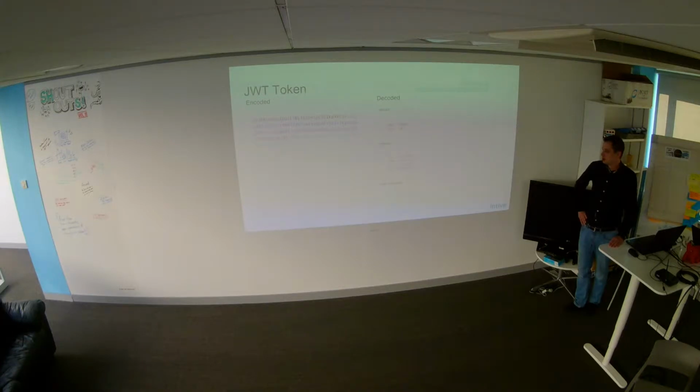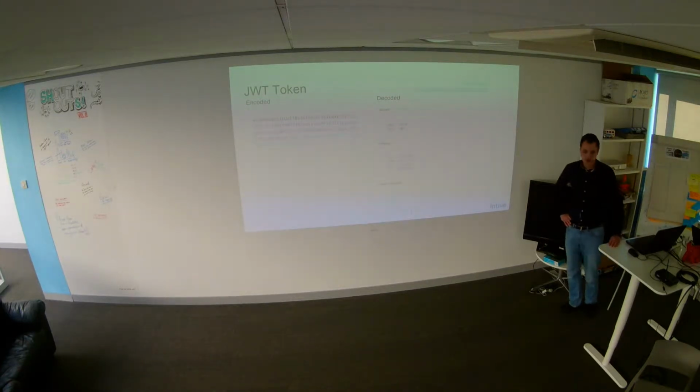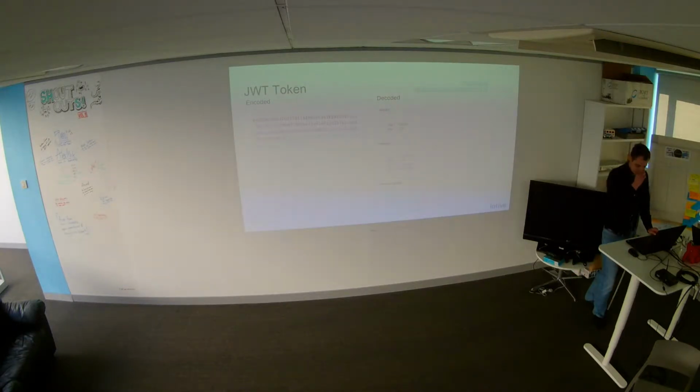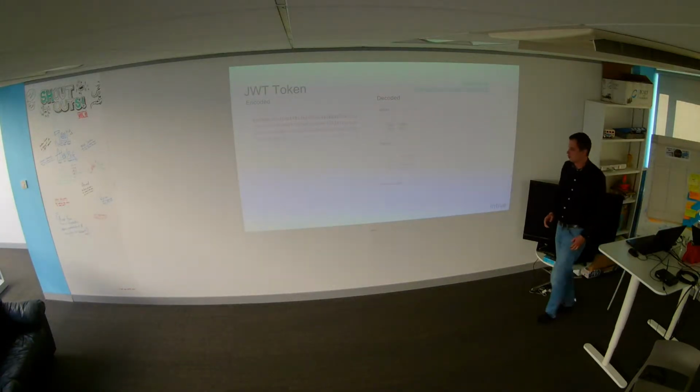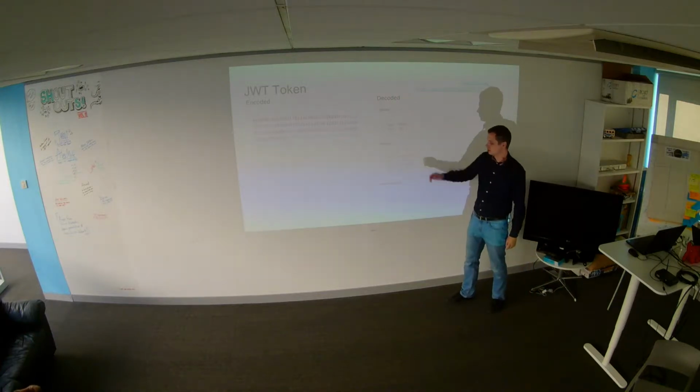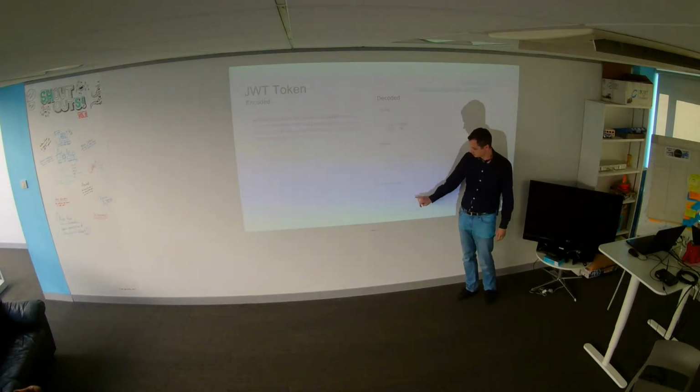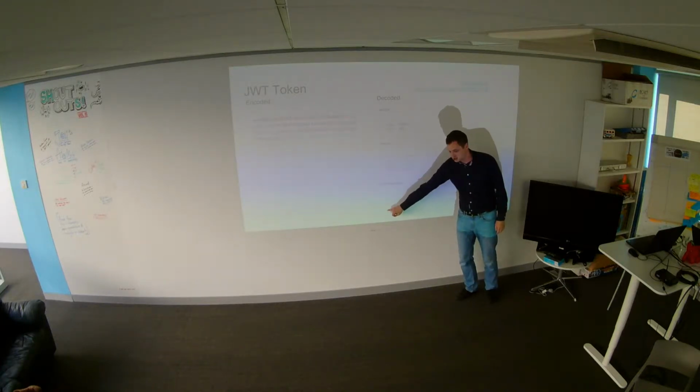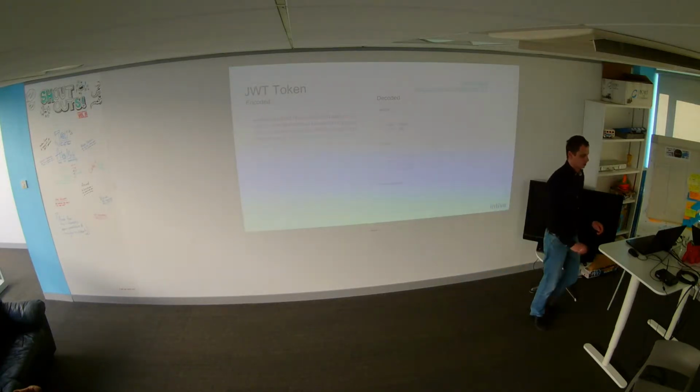And what makes the JWT token interesting is actually the blue part, the signature. So the signature is simply an electronic signature that has been done on this and this. So you can see you encode those things, and then you sign it with some secret key, some encryption key.